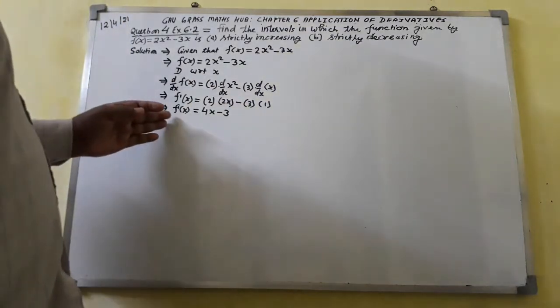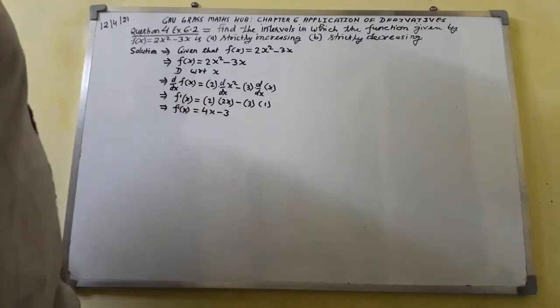So we have got f dash of x equal to 4x minus 3.